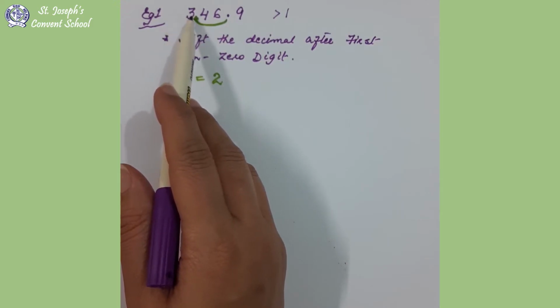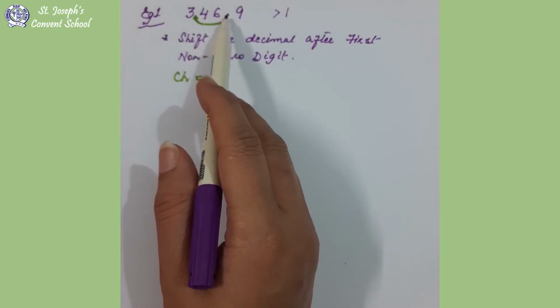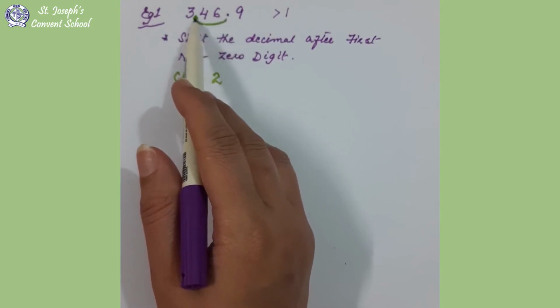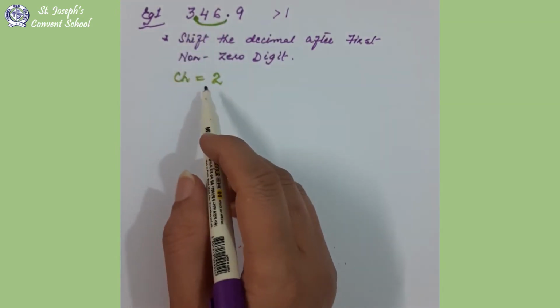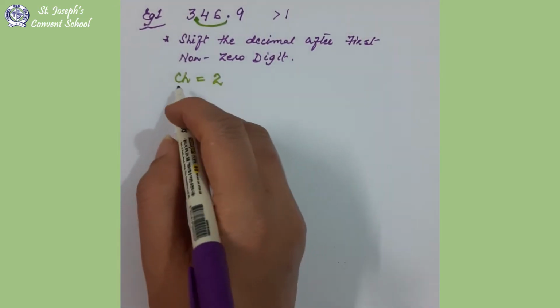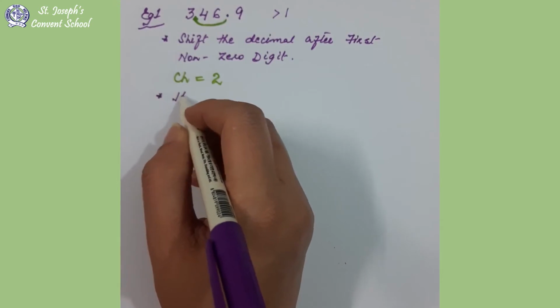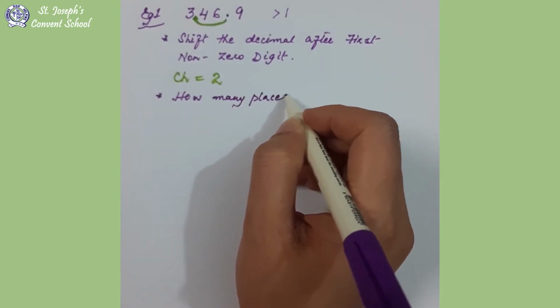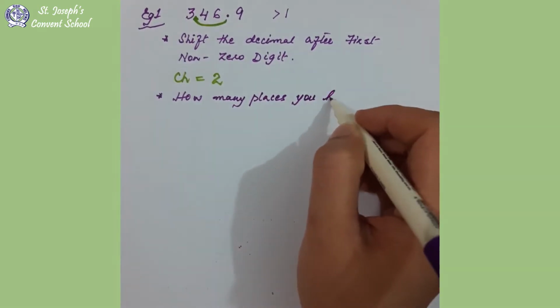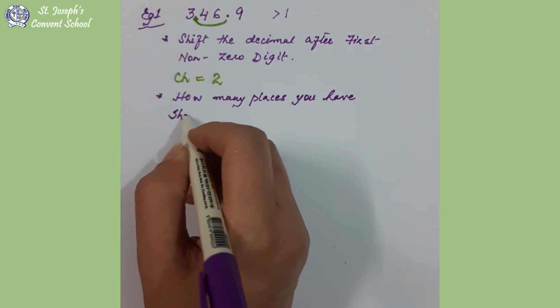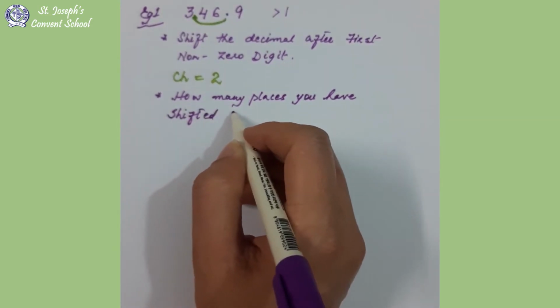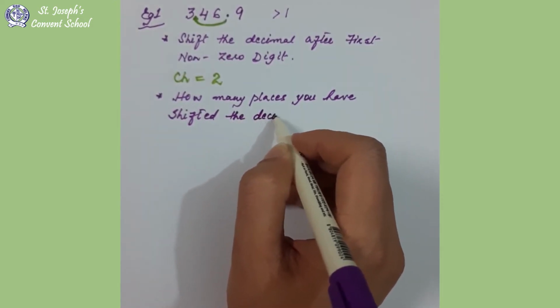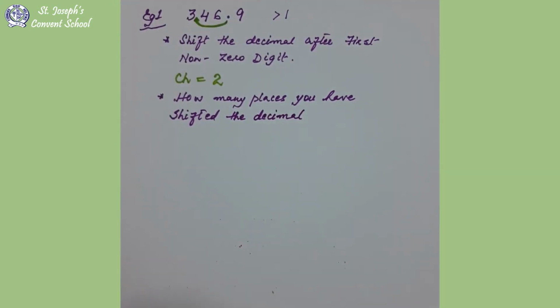And the characteristic is how many places you have shifted the decimal, till the new decimal place. You have shifted 2 places, so the characteristic is 2. I'll write it here: characteristic is how many places you have shifted the decimal.